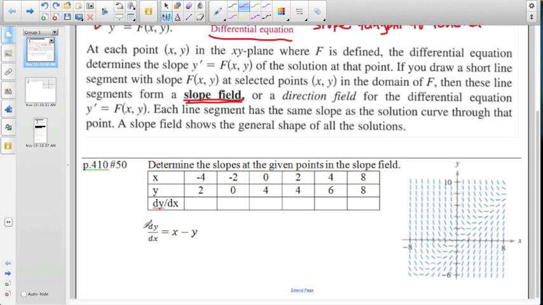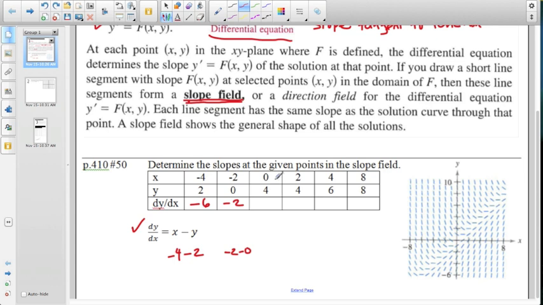Here, if we take a look at this example, we have a differential expression. It's a function of both x and y. So we're just going to find the value of those slopes at each particular point. At the point (-4, 2), the value of the slope would be -4 minus 2, that would be -6. At the next point, (-2, 0), the slope would be -2 minus 0, which would be -2.